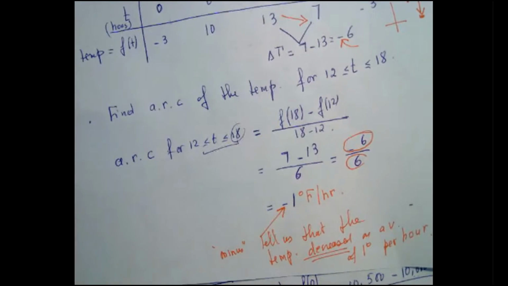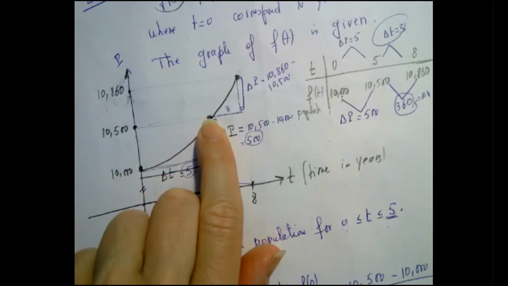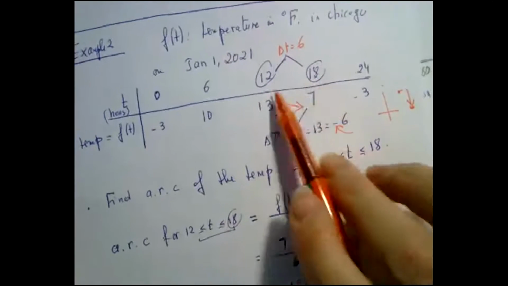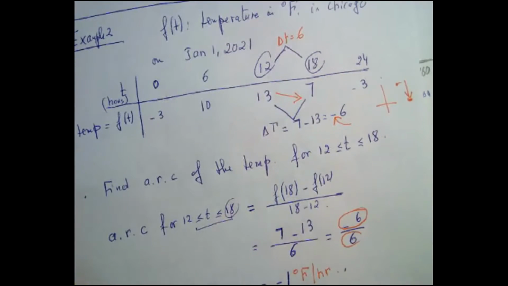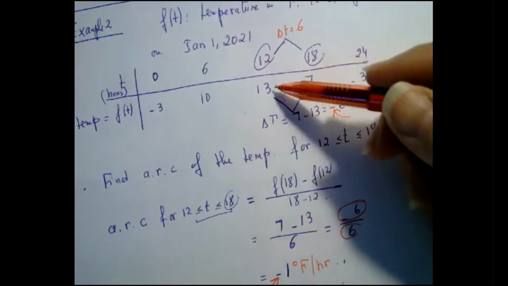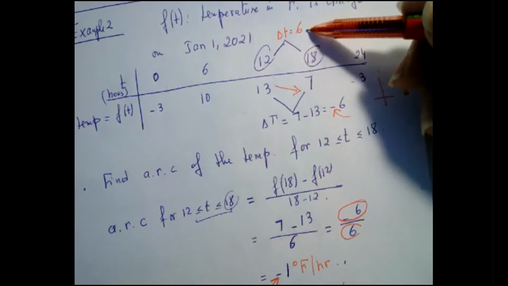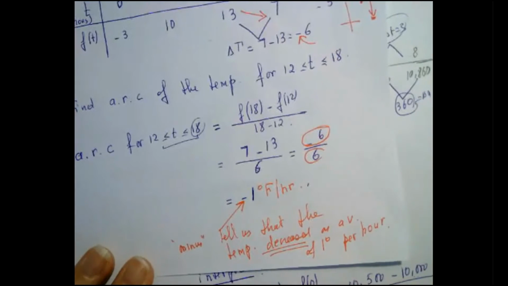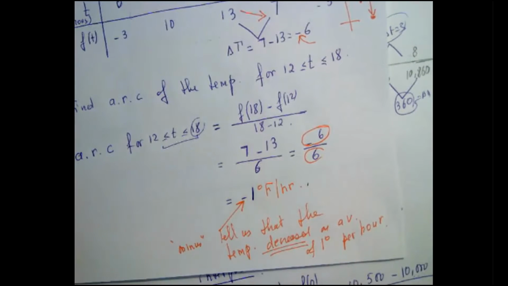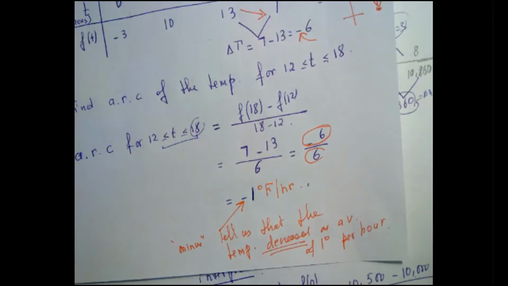So having a negative is a part of the problem. It tells me that things are going down instead of going up. The average rate could be positive, like in the population problem, because the population increased. And here, because the temperature decreased, we have a negative change. The temperature went down by 6 over a 6-hour period. So we reflect this immediately in the rate by having a minus. So what the average rate tells us is, on average, how fast is your function changing?